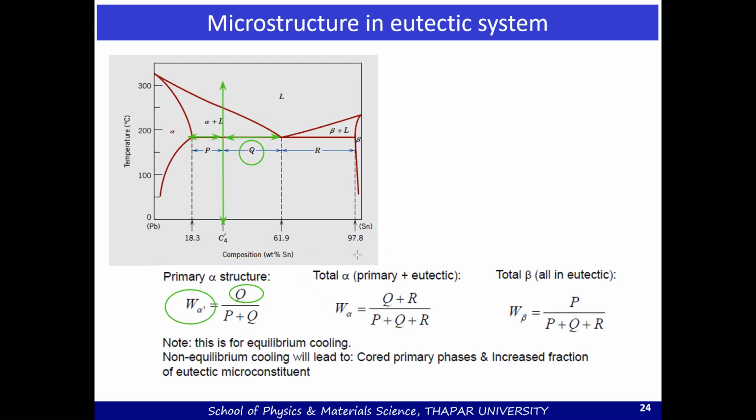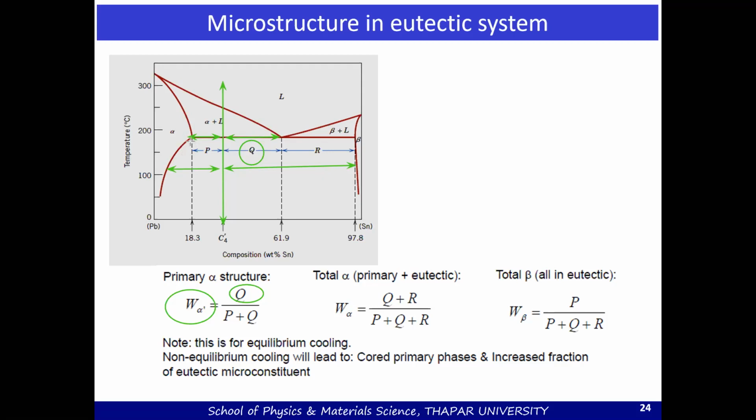Your total alpha is now containing both the primary as well as the eutectic alpha. Now, whenever you want to find the total, you should consider the distance from the point of interest to the beta region on one side and to the alpha region on the other side.